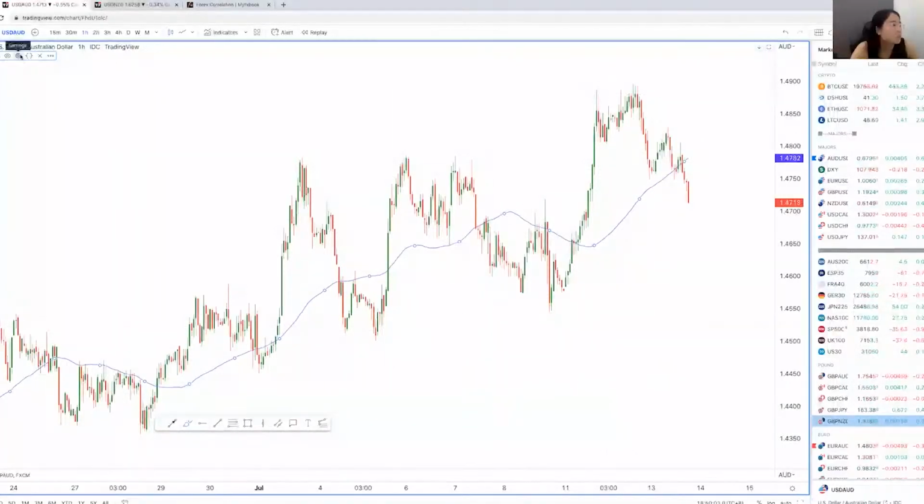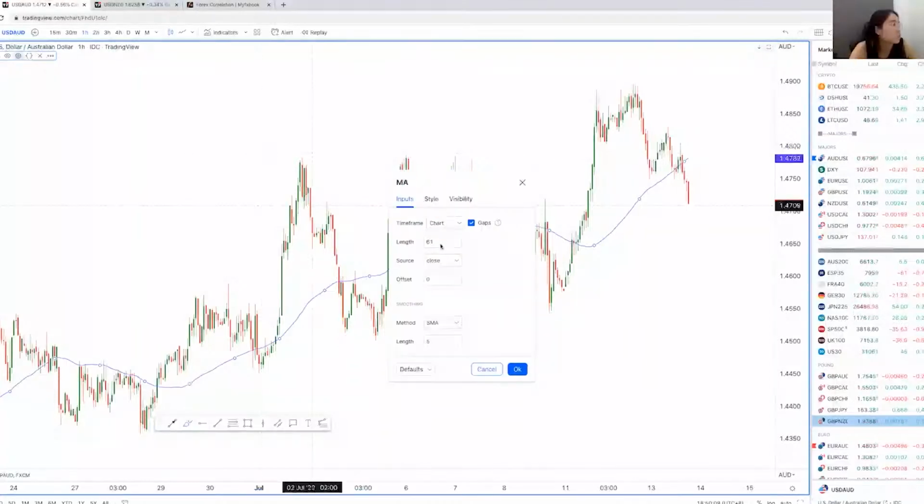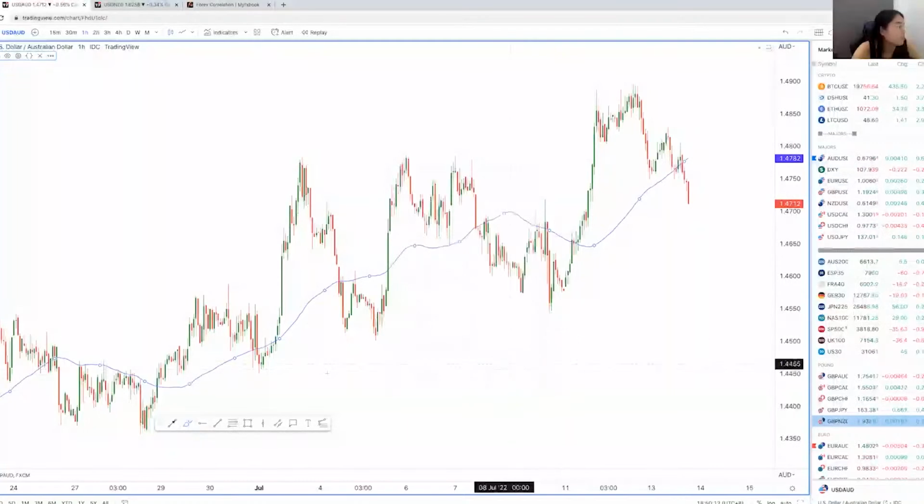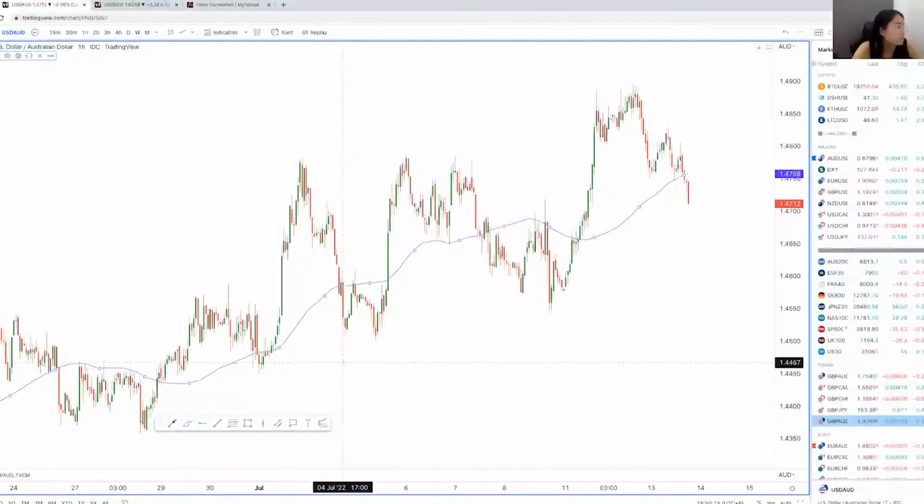Nope, doesn't work very nicely. You want to find a setting where price was respecting for a while, and that is the setting you're going to be using. Let's try maybe 70. I think 70 is not the best.